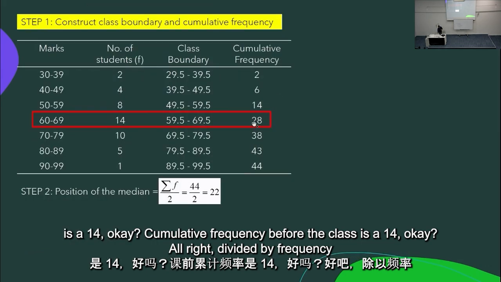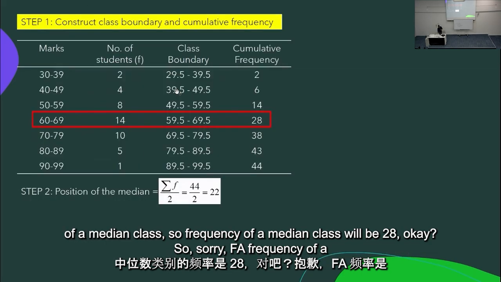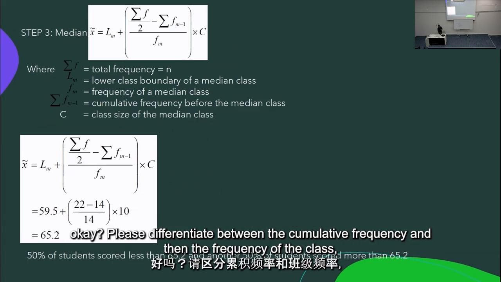Divided by the frequency of the median class. Sorry, the frequency of the median class. So for this one, the frequency is 14. And then we have the class interval equal to 10.